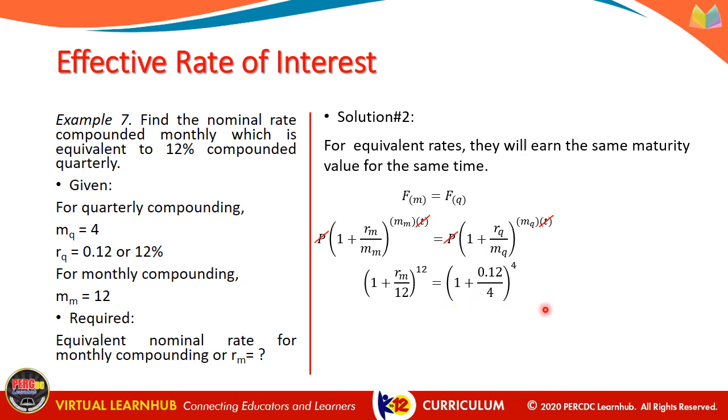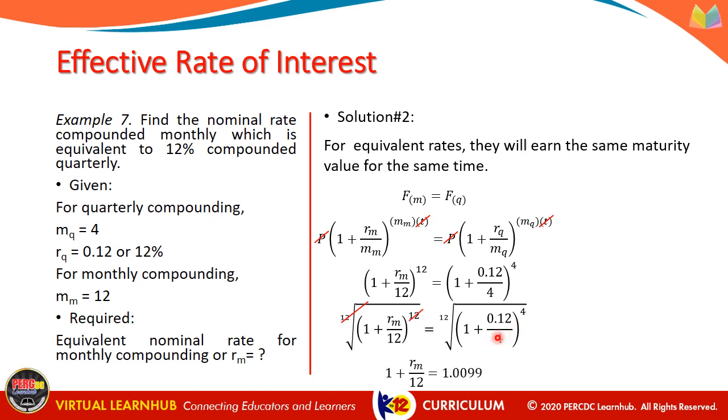Our next step is to get the 12th root of both sides of the equation. The 12th root of (1 plus r sub m over 12) raised to 12 is equal to the 12th root of (1 plus 0.12 over 4) raised to 4. We can cancel the 12th root and exponent 12 on the left side to get 1 plus r sub m over 12, which is equal to 1.0099.